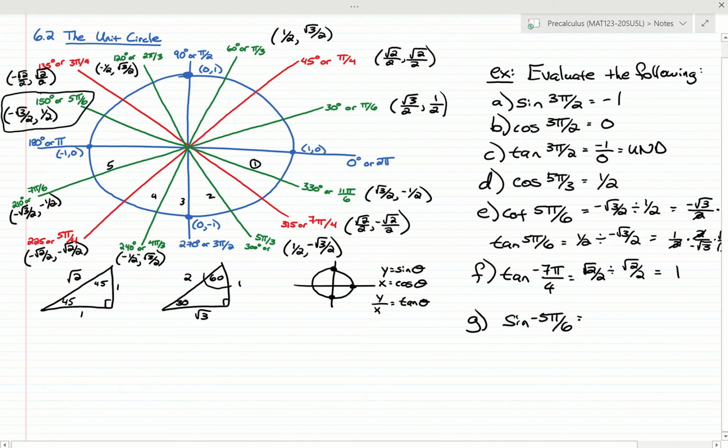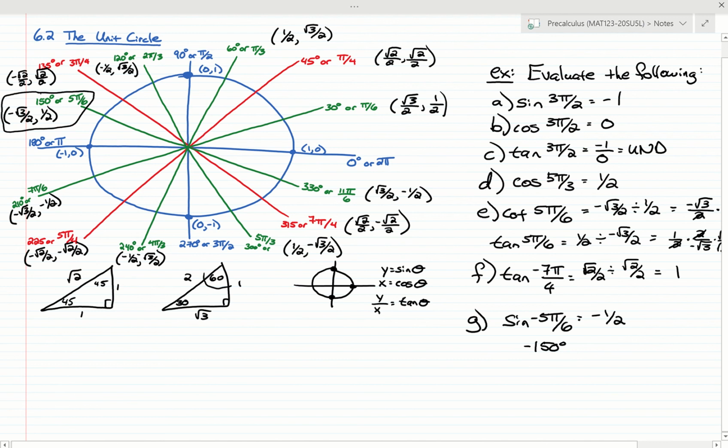So negative 5π/6 does put us right there on the 210 degrees. This is actually negative 150 degrees, but it doesn't matter. We went 5 increments of 30 in the negative direction, and we wound up right here. So what's the sine of that point? Well, the sine is clearly negative 1/2. It's pretty quick. We're just going up by π/6 increments. Let me erase these.